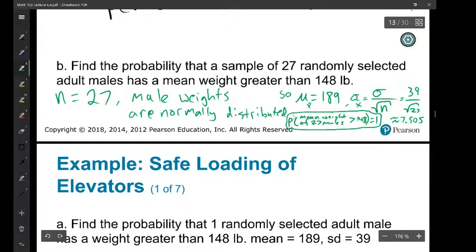So notice how I worded that. Using this adjusted standard deviation, the likelihood that the mean weight of 27 males is greater than 148 is this probability here.